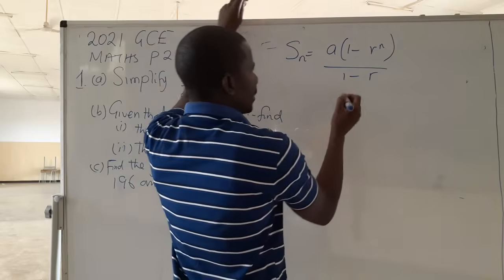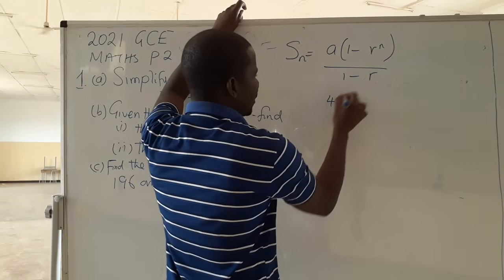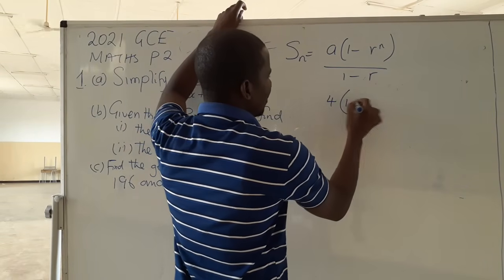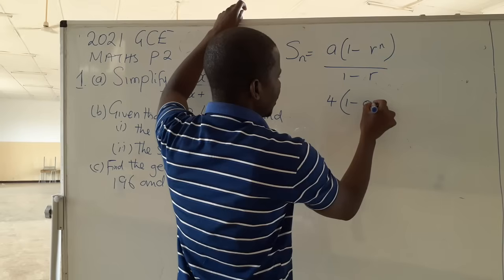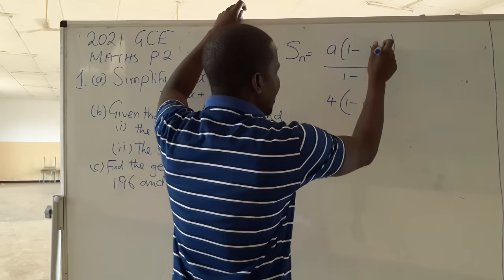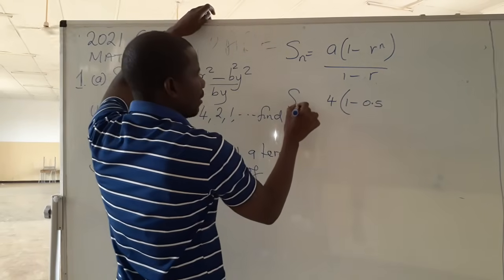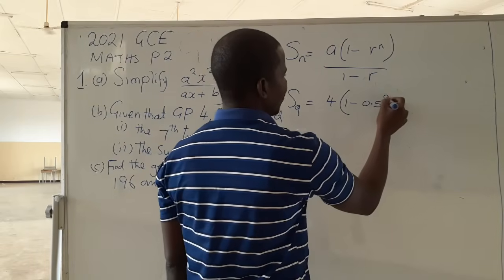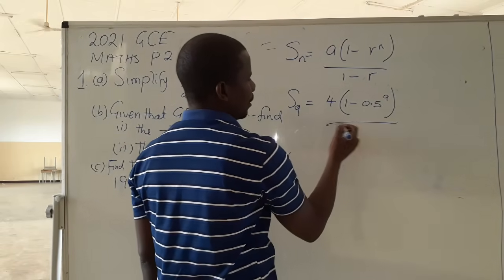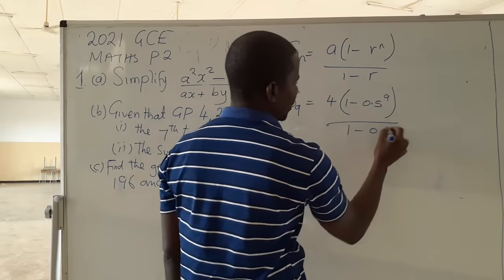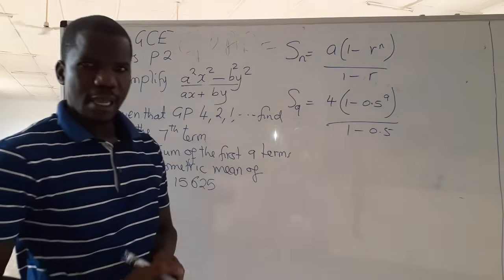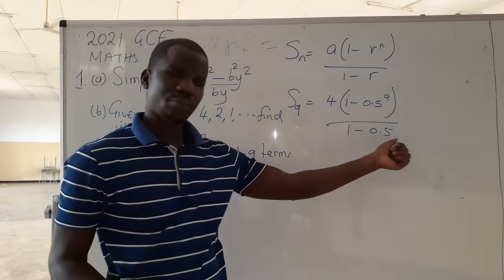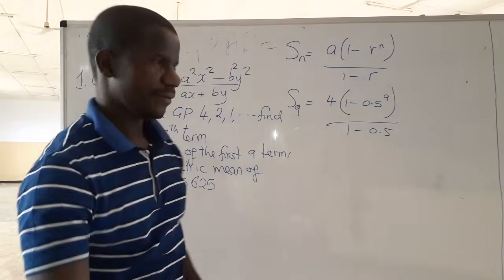So we go on and say the first term, then we have 1 minus 0.5 to the power n. What is our n? Our n here is 9. Okay? So here we're going to have 9 over 1 minus 0.5. I'm sure you know that 1 minus 0.5 will be 0.5.